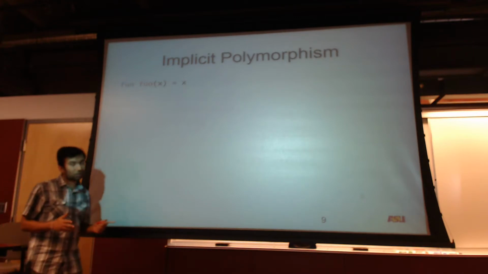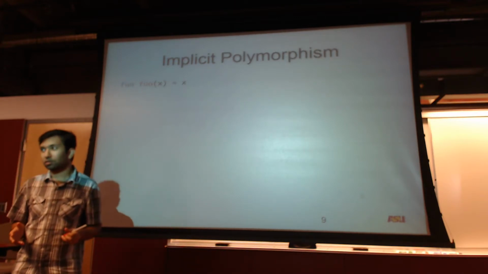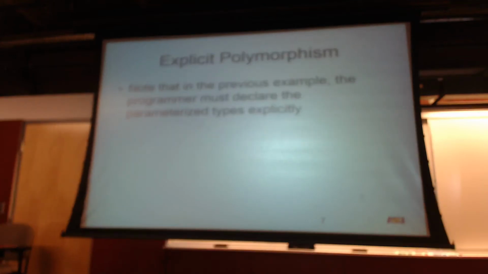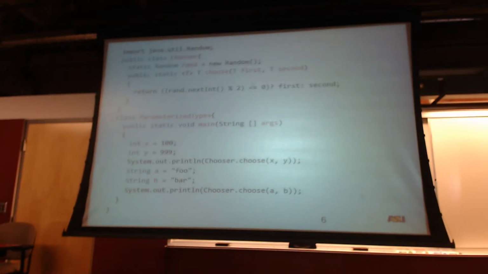You haven't said that the return type is T. In the previous example, explicit polymorphism, you said the first element has to be of type T, the second element also has to be of type T, and the return type also has to be of type T. This could have been T1, T2, T3, but you explicitly said that all these should have the same type.